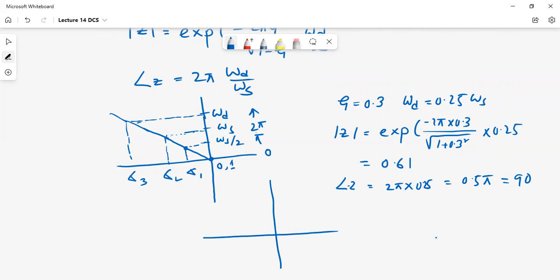So what we are starting with is, if you draw your unit circle as a reference, we're actually starting from this particular point.